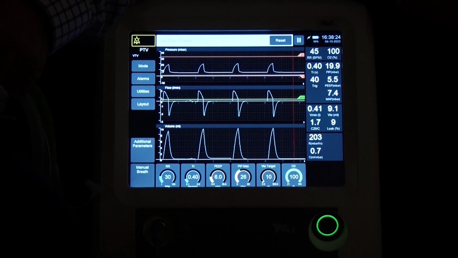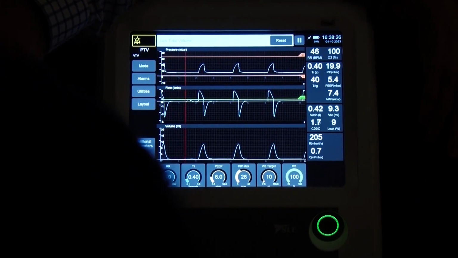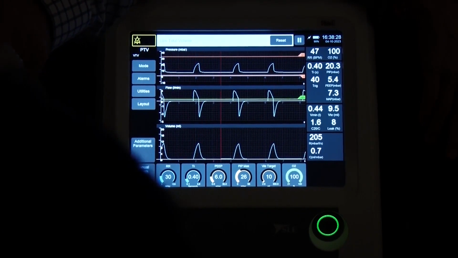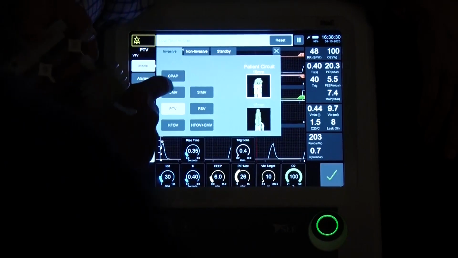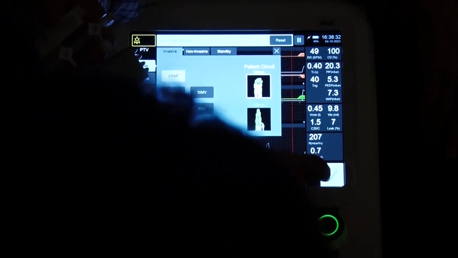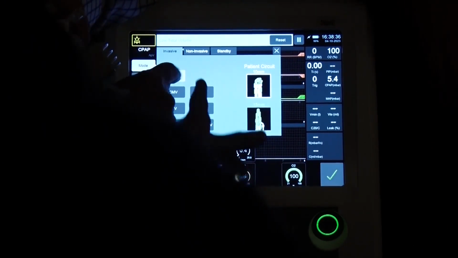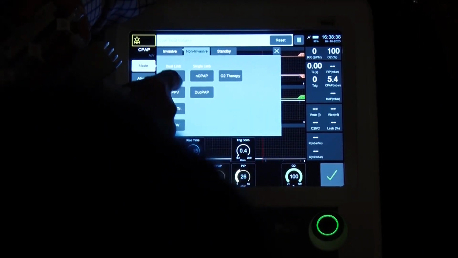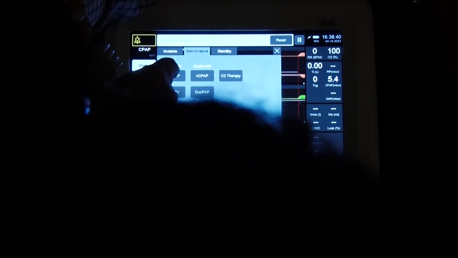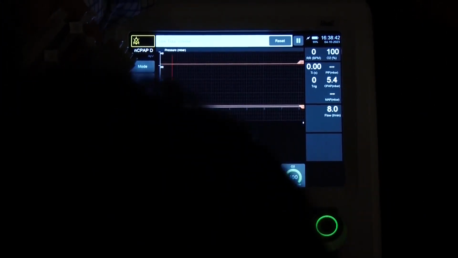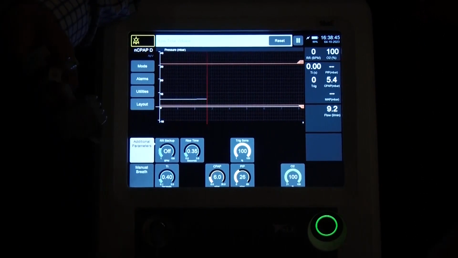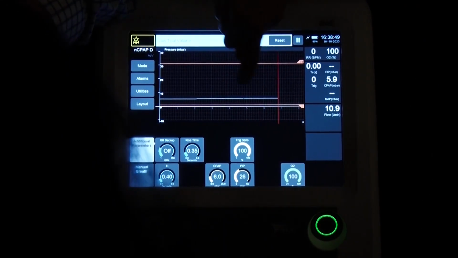So I have a question. In non-invasive mode, in CPAP mode in this center, there is something called CPAP pressure on the non-invasive. Yep, which one? If you go to the alarms, you will have apnea time.